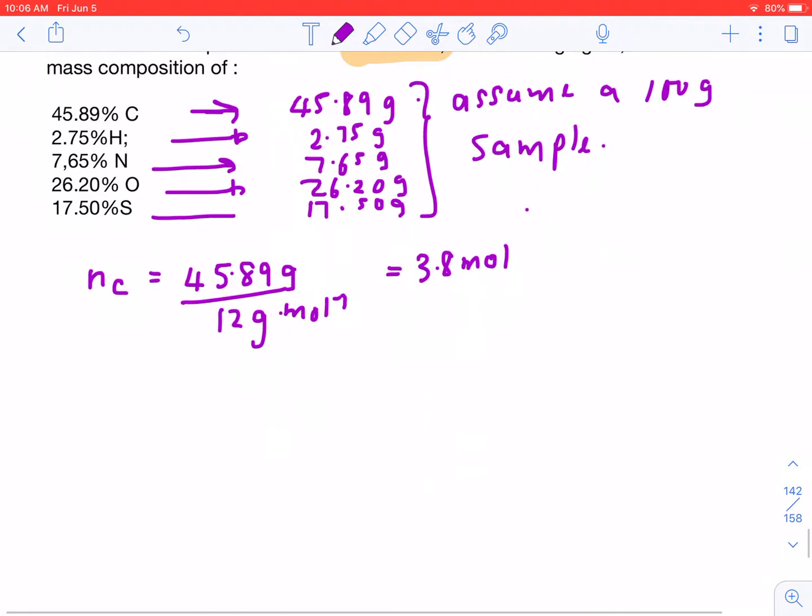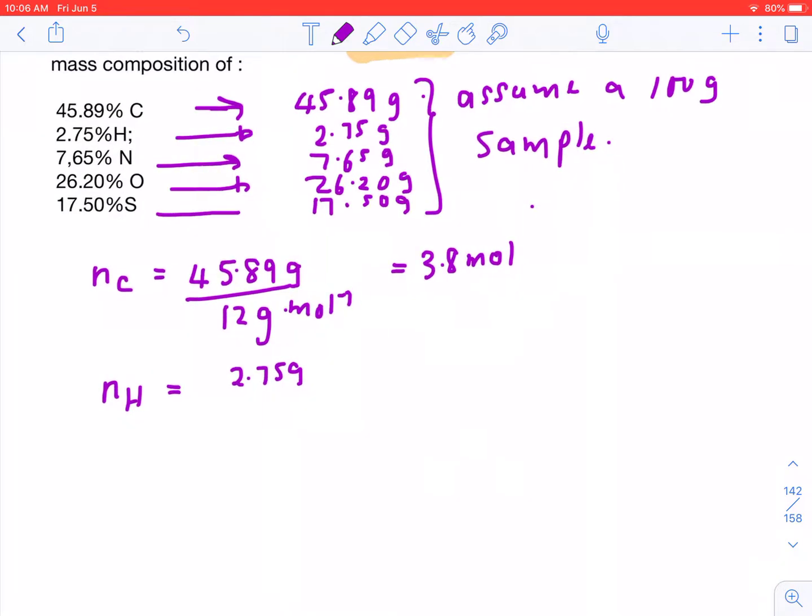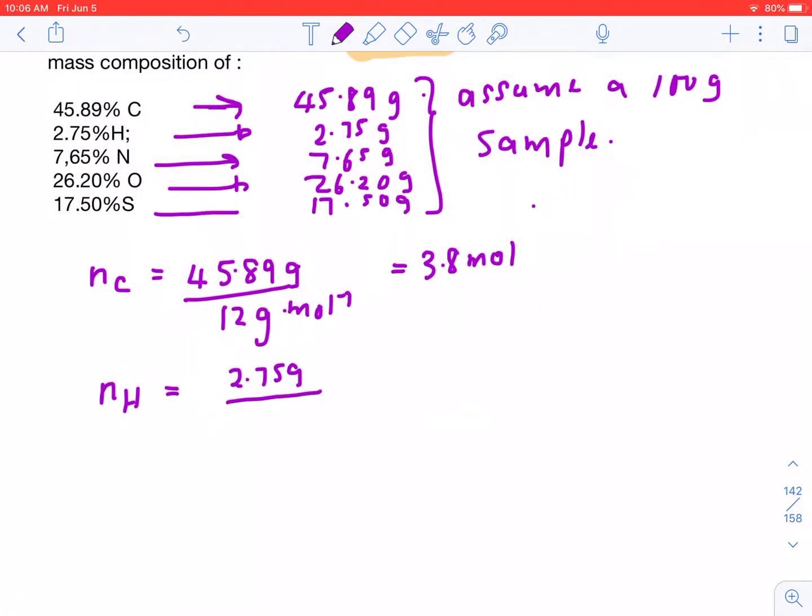Then we have N of H, which is equal to 2.75 grams, all upon 1 gram per mole, right? And I've just rounded it off there to 2.8 moles.